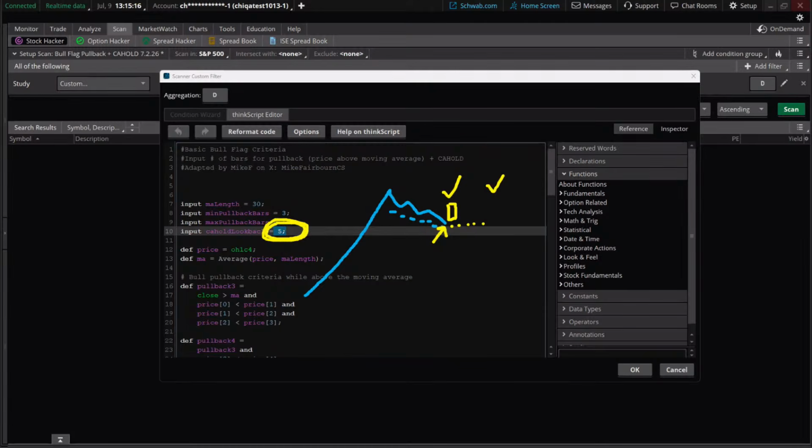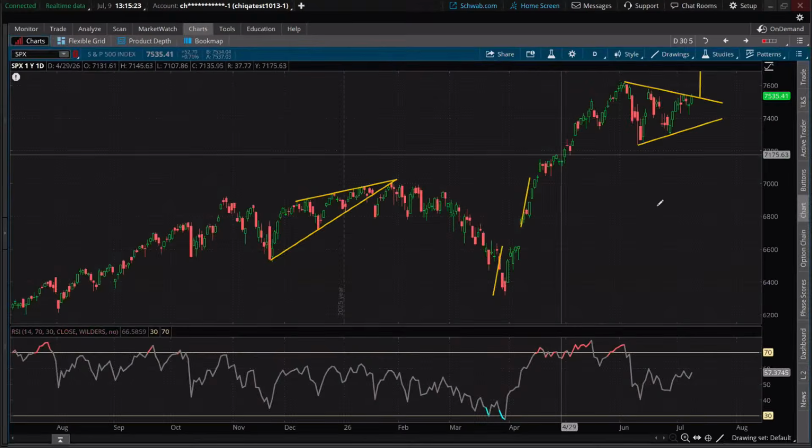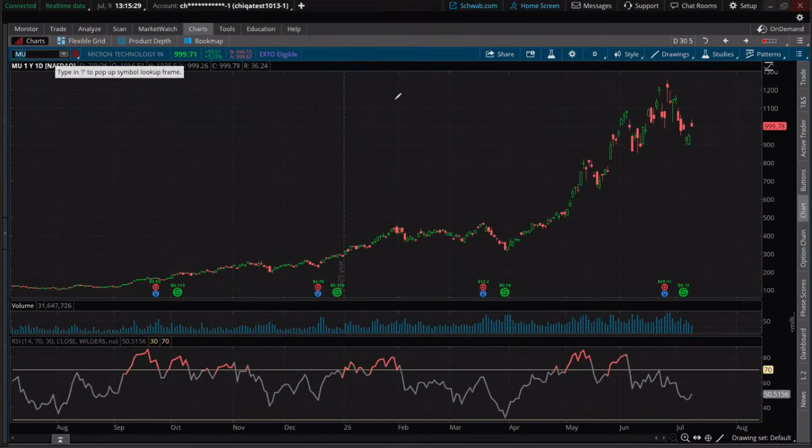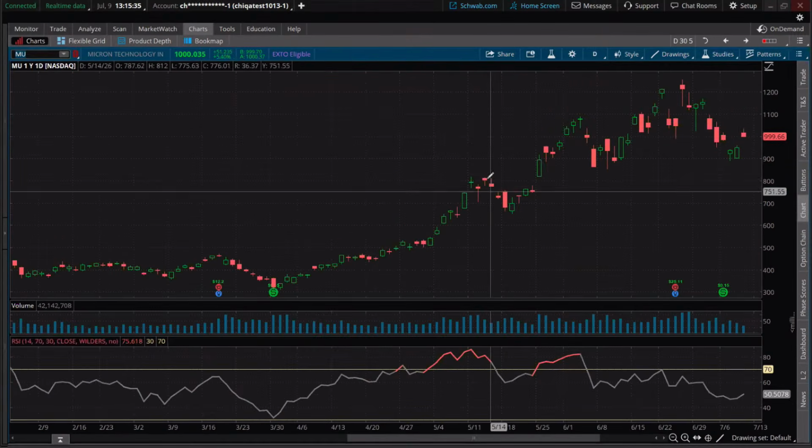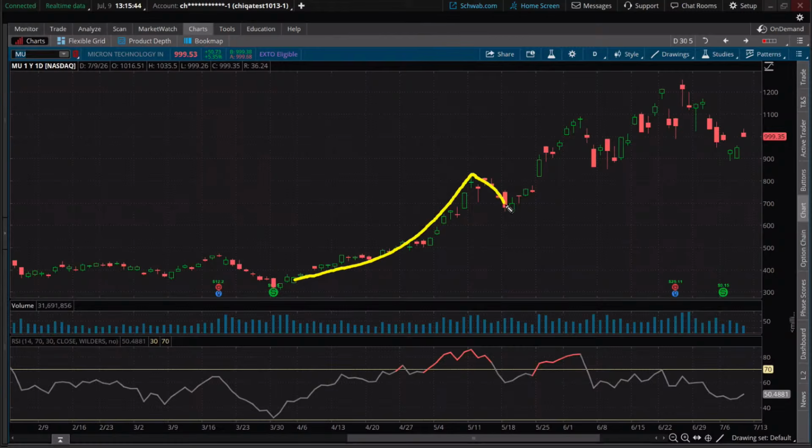Why is that so important? Let me go to a chart, just to highlight this before we run it. Let's say we're looking at Micron. We were above the 30-day moving average in this pullback, which was about down here.